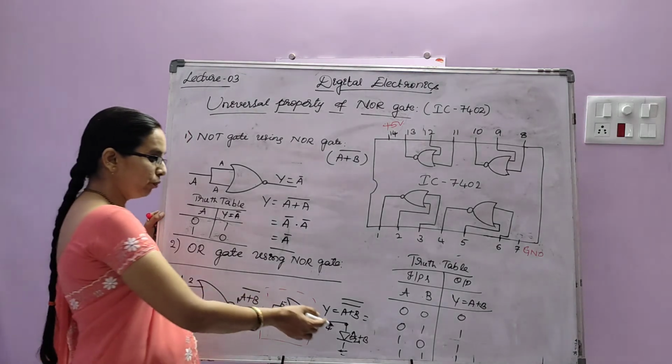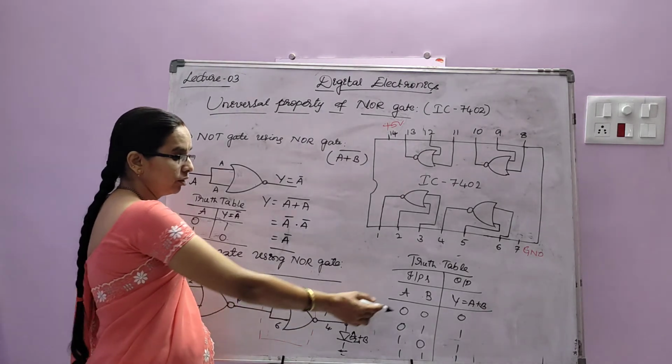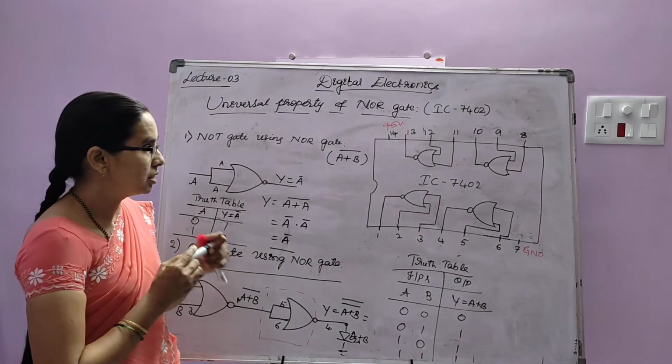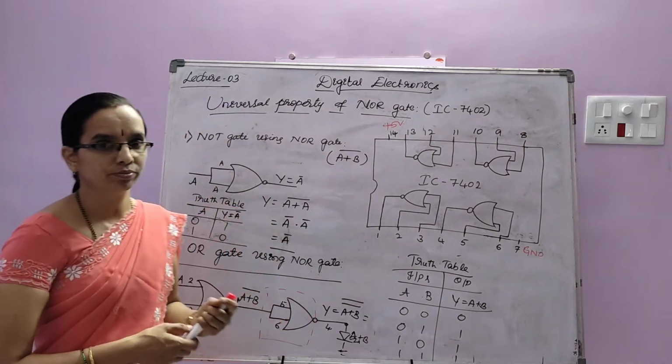So you can prove the OR gate truth table using this circuit. We will construct this circuit using the IC 7402.